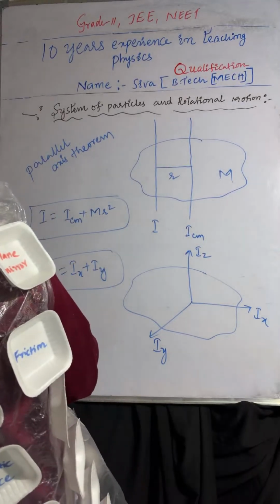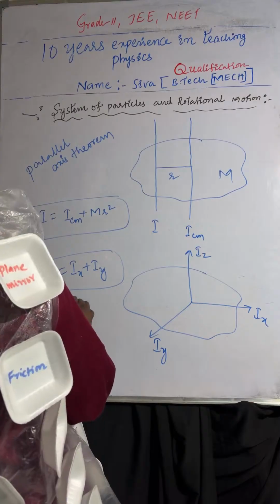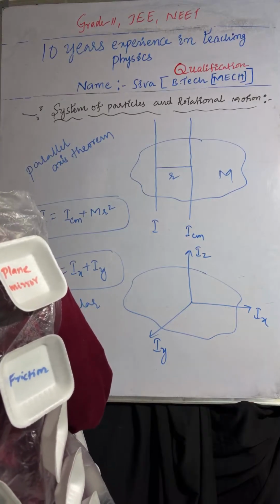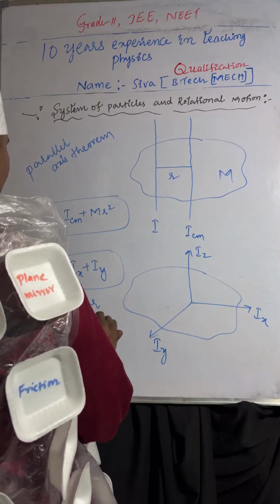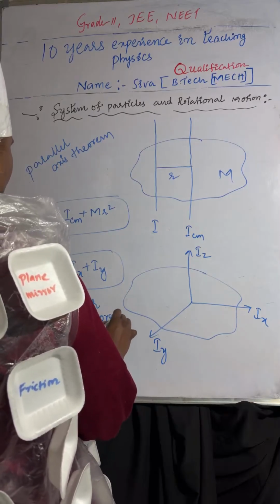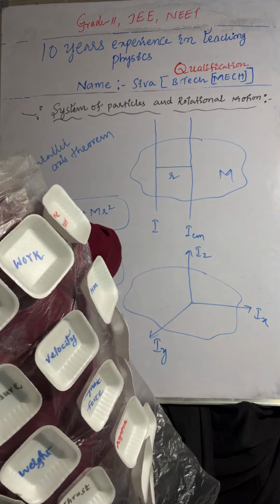So this is the perpendicular axis theorem. I hope it is very clear. Understood or not?